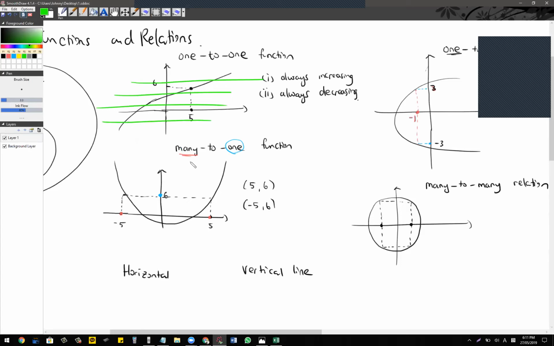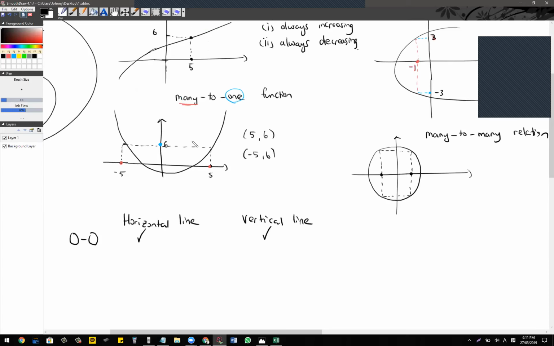We say that it passes the test if it only goes through one point. When I draw many horizontal lines, it just goes through one point. If I do the vertical line test, it also goes through just one point. You can see that, right? So a one-to-one function is something that satisfies the horizontal line test as well as the vertical line test.